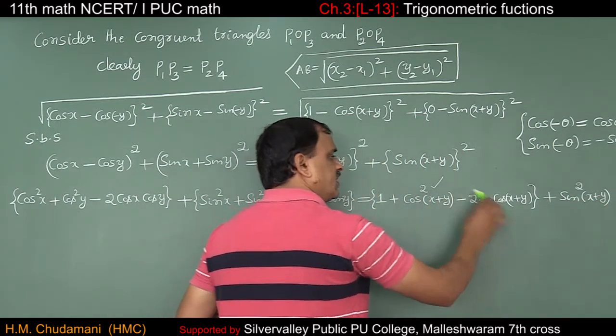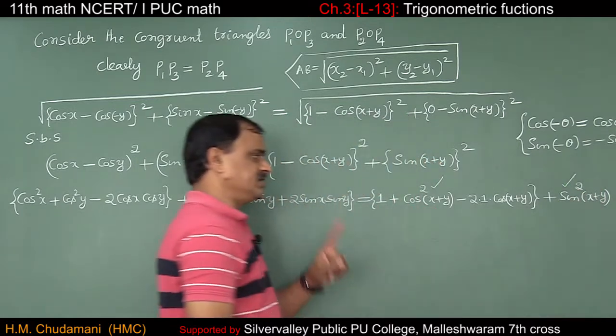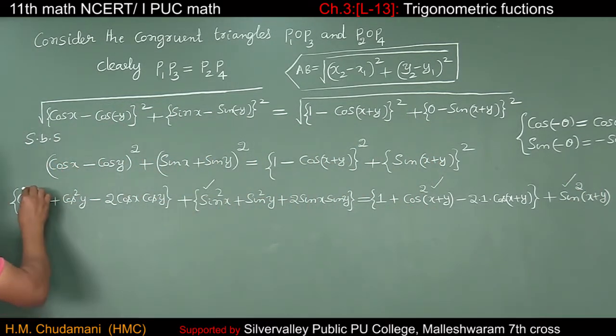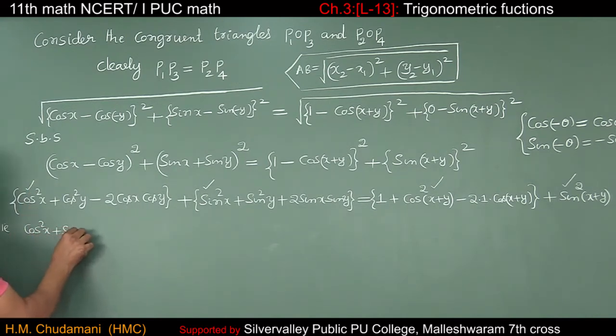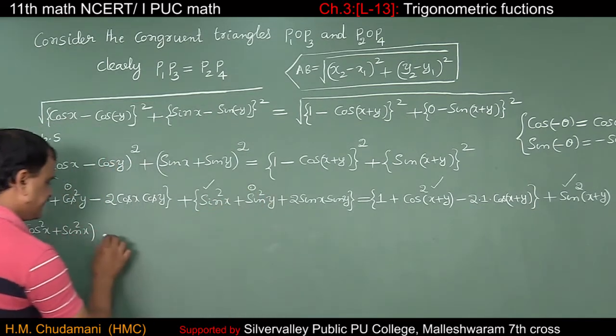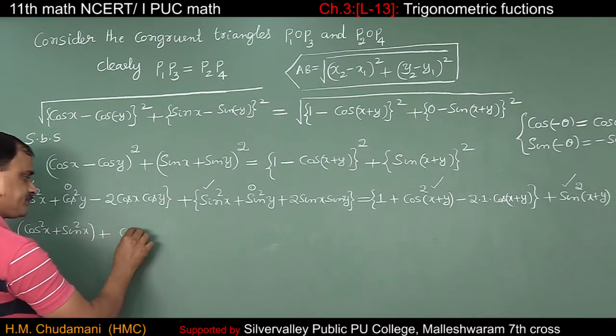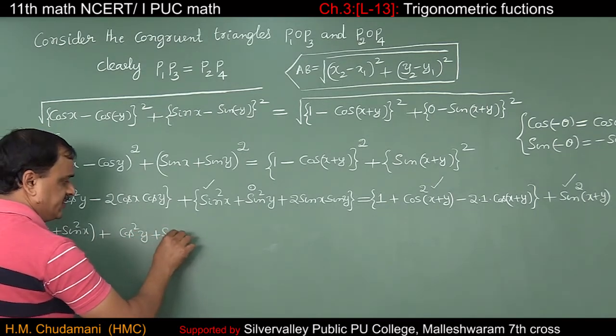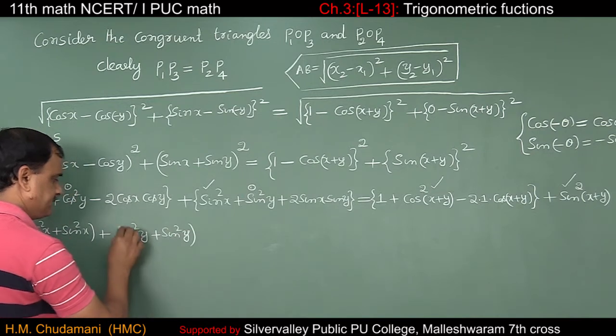See this? Cos square theta plus sine square theta becomes 1. Here also sine square x plus cos square x. I just collect those together: cos square x plus sine square x, then cos square y plus sine square y.